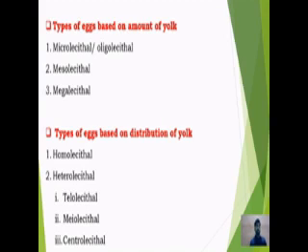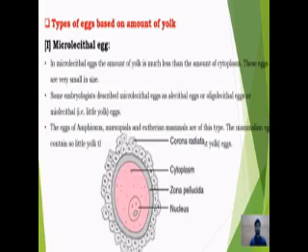When you see the amount of yolk present inside the microlecithal egg, the name itself indicates how much yolk is present inside this egg. Micro means a very small or very little amount of yolk is present in this egg.